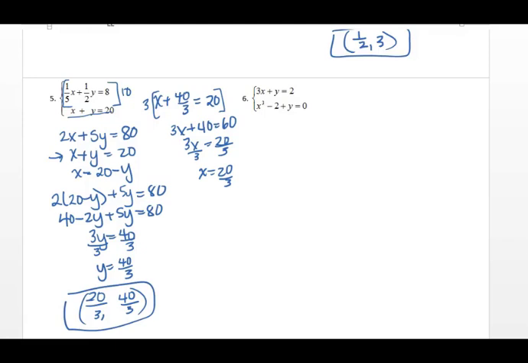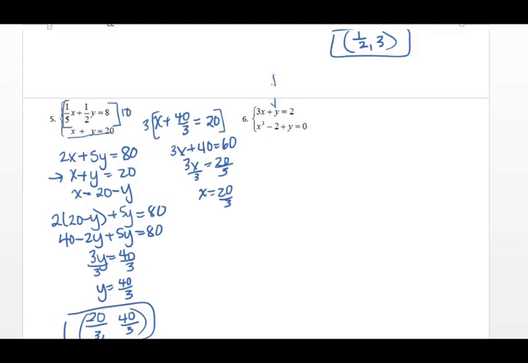All right, let's try number 6. So we want to pick something simple, like here's a y that already has a coefficient of 1, so let's start there and solve it for y. This would be negative 3x plus 2. So if I plug this into my equation down here, x cubed minus 2 minus 3x plus 2 equals 0.